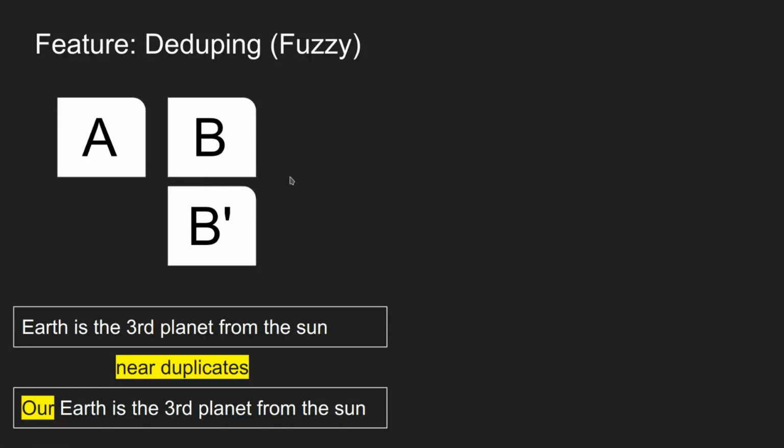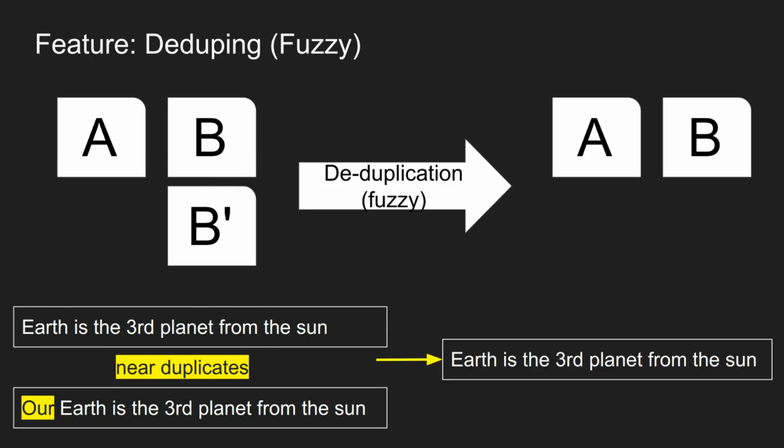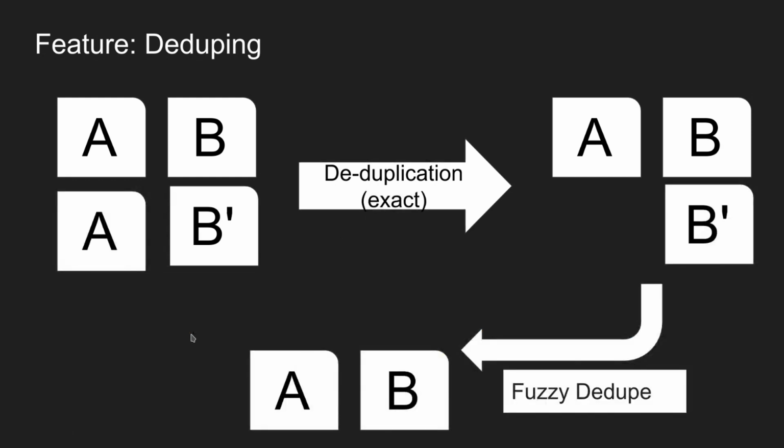And we want to remove them too, because for our purposes, they're the same. We don't need to keep them both. And this is where the fuzzy dedupe comes in. Actually, this is a pretty cool feature. This is one of my favorite features here in the data prep kit. When I run the fuzzy dedupe, it can look at the documents and remove near duplicates, which is pretty cool. All right, let me show you how this is done.